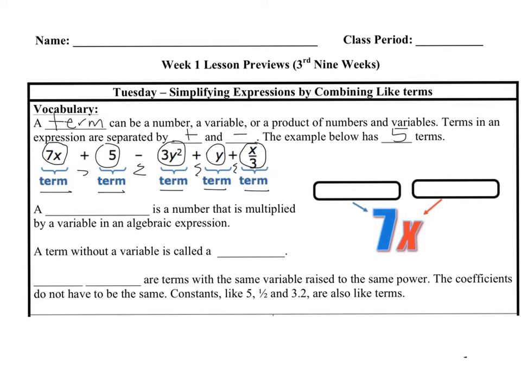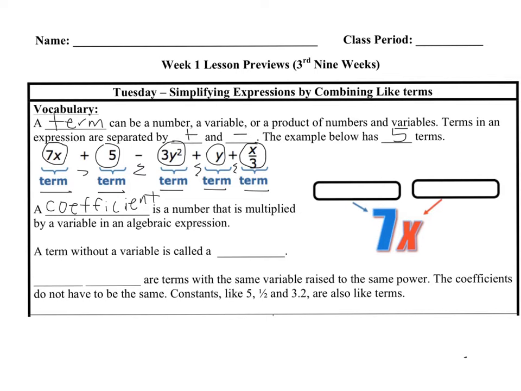Our next vocab word is coefficient, C-O-E-F-F-I-C-I-E-N-T. A coefficient is a number that is multiplied by a variable in an algebraic expression.